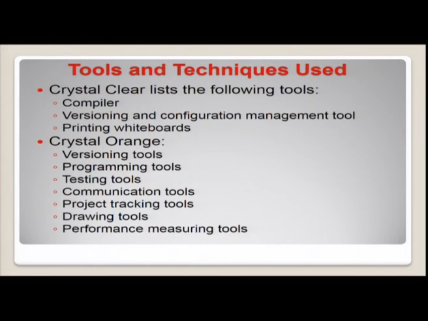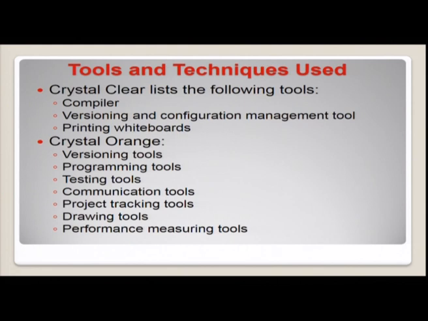Crystal Clear lists the following tools. One is the compiler tool, second one is the versioning and configuration management tool, third one is printing whiteboards. Then Crystal Orange uses a few tools such as versioning tool, programming tool, testing tools.